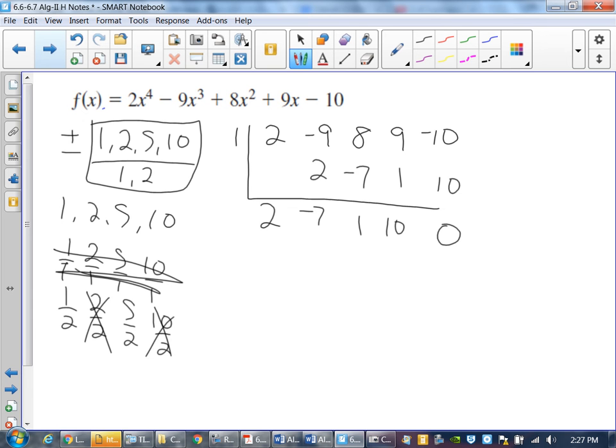These are duplicates, because 2 divided by 2 is 1, and 10 divided by 2 is 5. So there's really only 2 other fractional ones you could possibly have: plus or minus 1/2 and plus or minus 5/2. So you can use any of those.